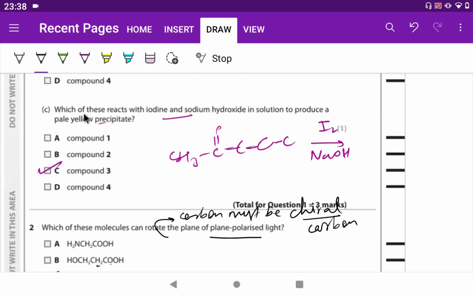Now part C, which of these reacts with iodine and sodium hydroxide solution to produce a pale yellow precipitate? This is nothing but the test for iodoform, and iodoform has one condition, that the carbonyl group should have one methyl attached to it.